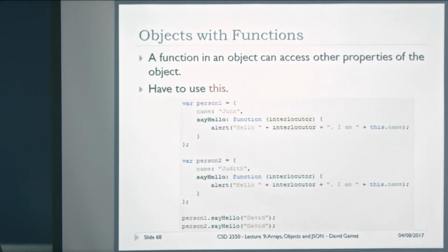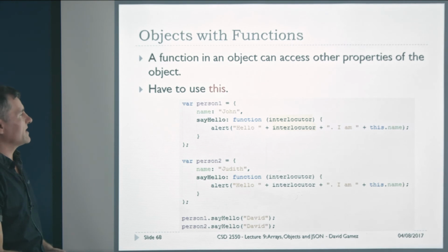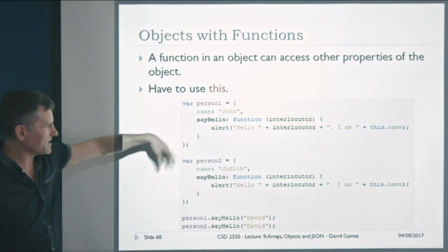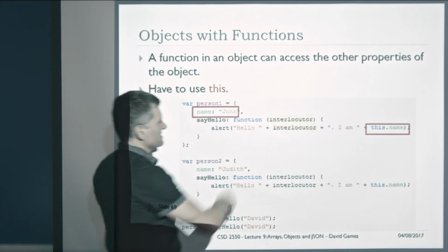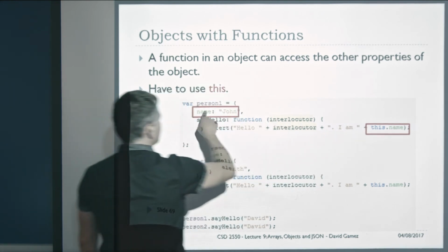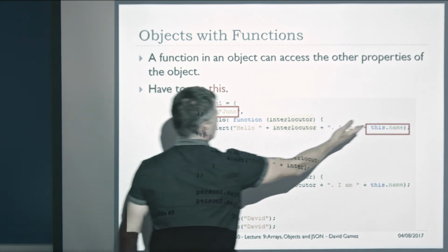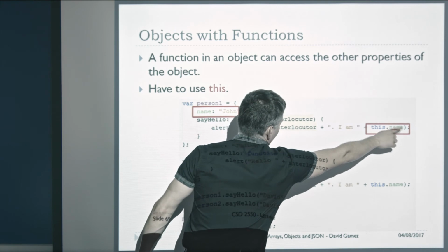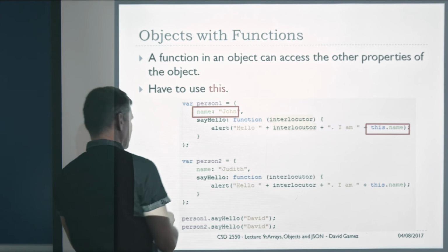Now functions inside an object can access other properties of the object, but to make that work we have to use the this keyword, otherwise it's going to think it's a global variable or something like that. So we've got a person one here pointing to this data structure with this function. If this piece of code here wants to access this name here, we have to use this.name, and that's telling JavaScript, or telling the browser, that we want to access a variable called name inside the same object that this function is defined inside.